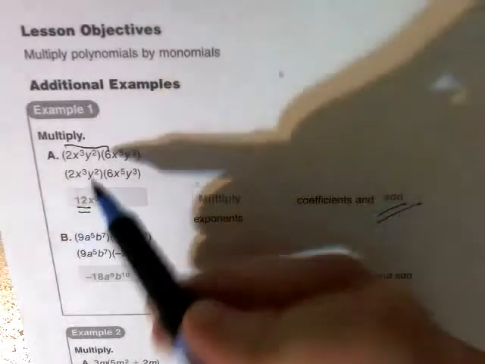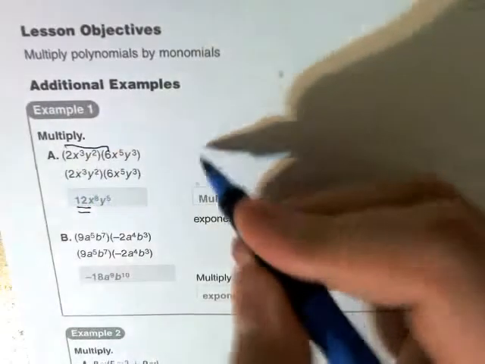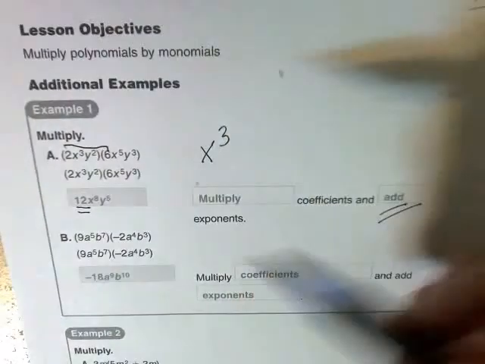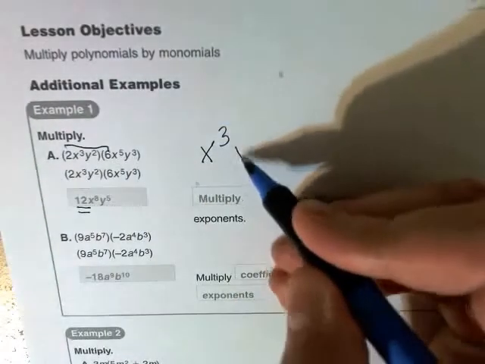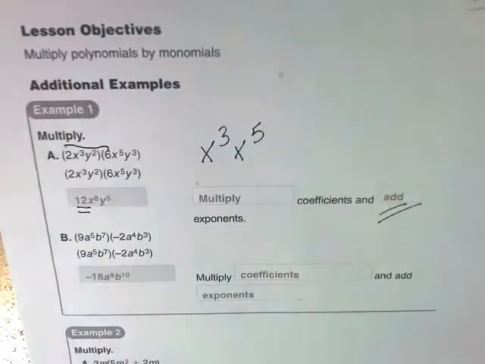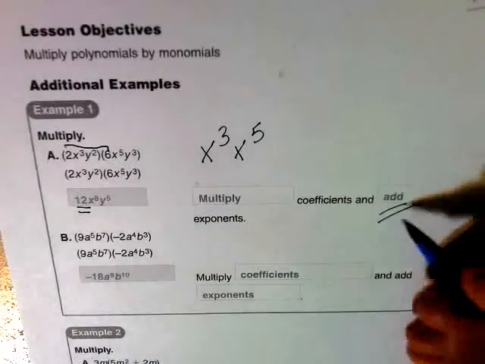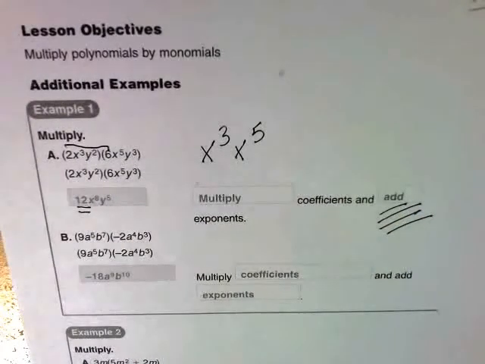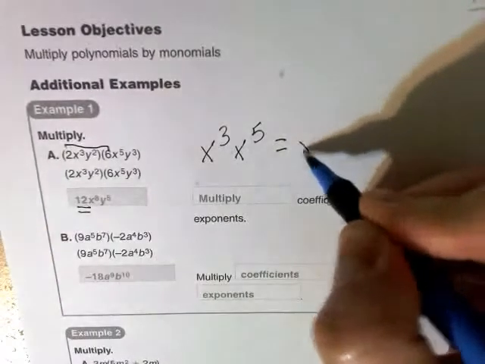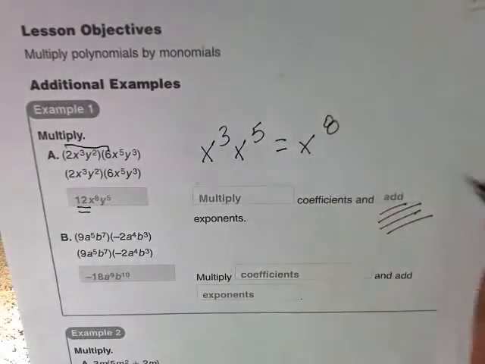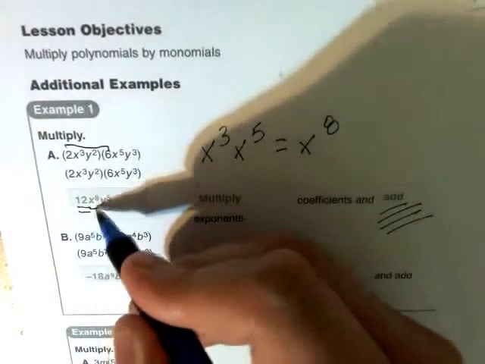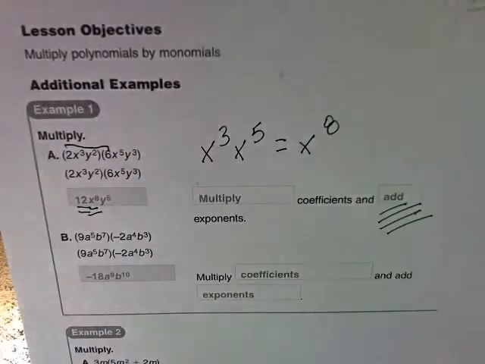So if we look, for instance, at the x's, here is x cubed, and over here is x to the 5th. What the rule says I'm supposed to do is not to multiply these together, even though this is a multiplication problem. The rule says I'm supposed to add the exponents together. So that's going to combine to make x to the 8th, which is what you can see they've written here as part of the answer.